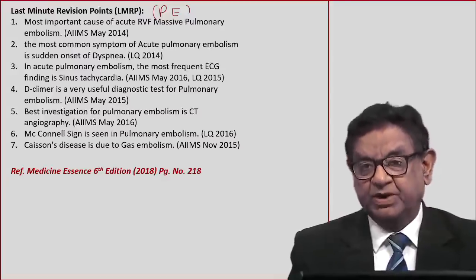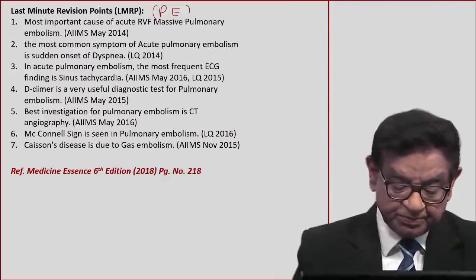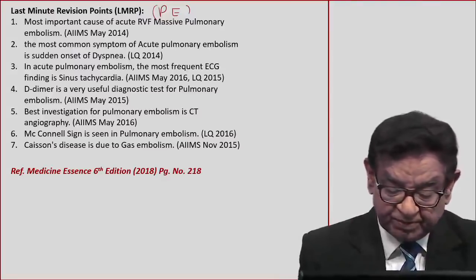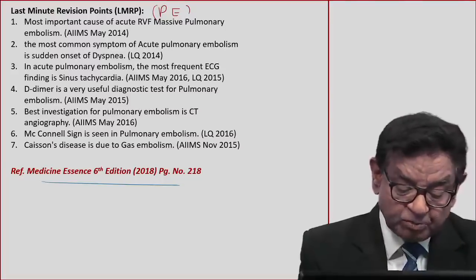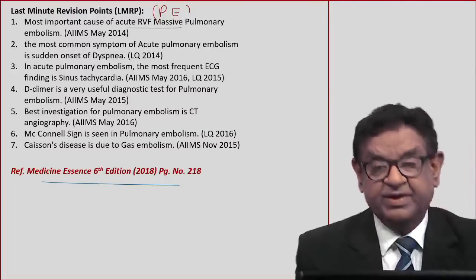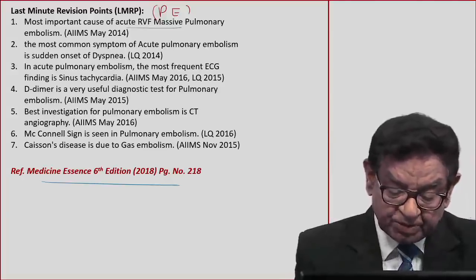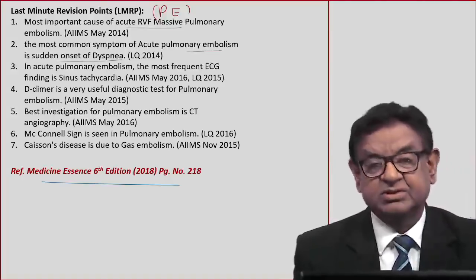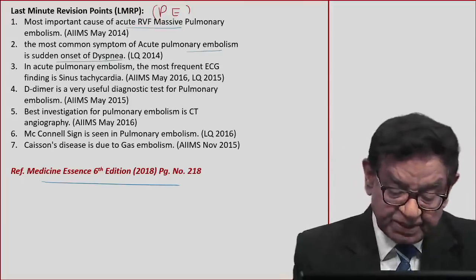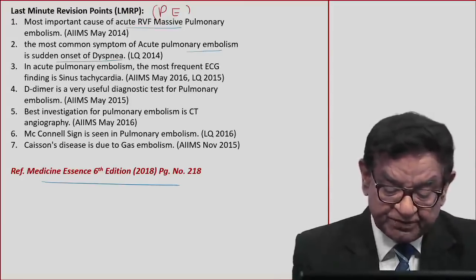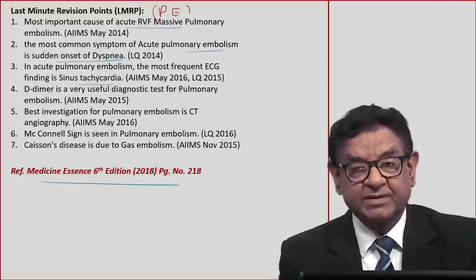Last minute revision points about pulmonary embolism, taken from our medicine essence. The most common cause of acute right heart failure is massive pulmonary embolism. The most common symptom of acute pulmonary embolism is sudden onset of dyspnea. In acute pulmonary embolism, the most frequent ECG finding is sinus tachycardia.